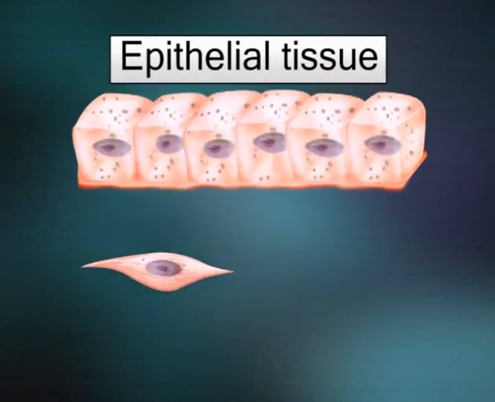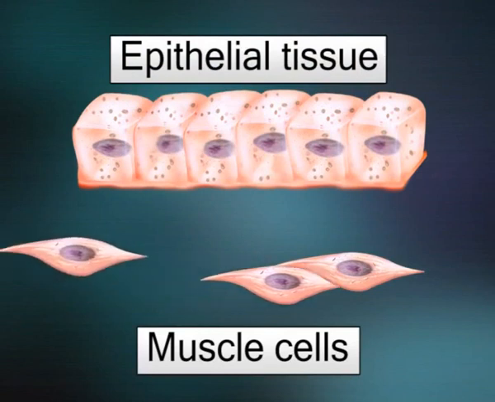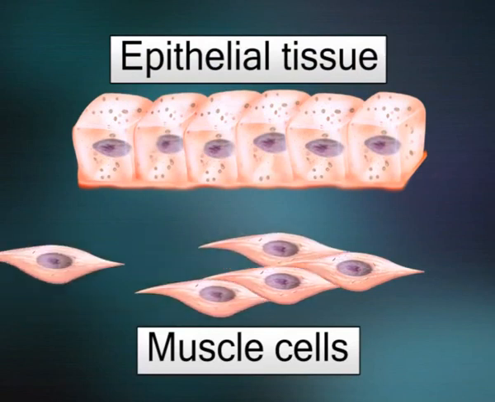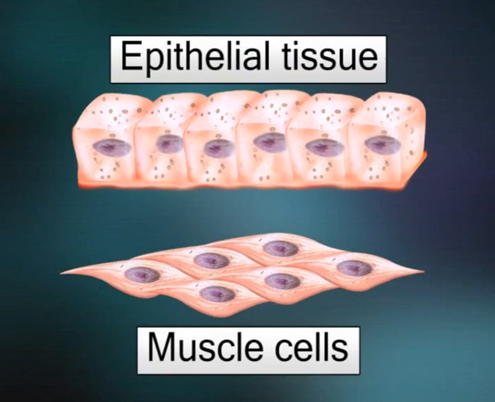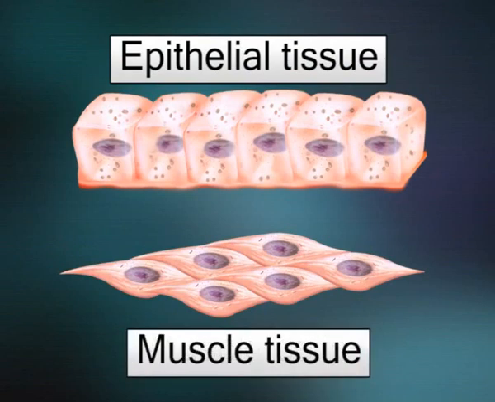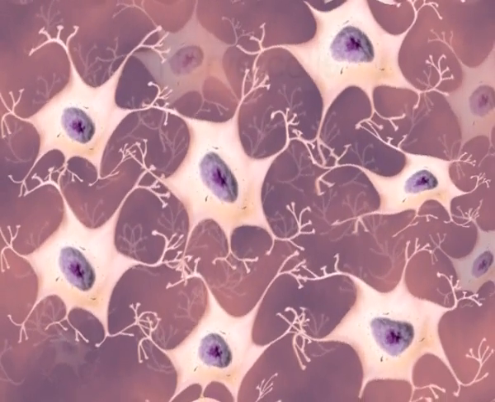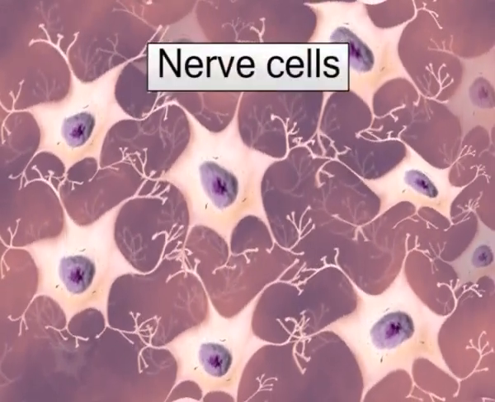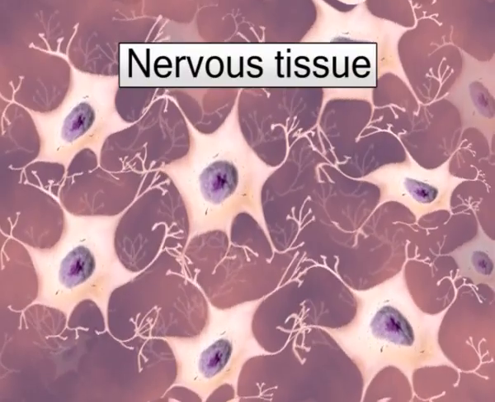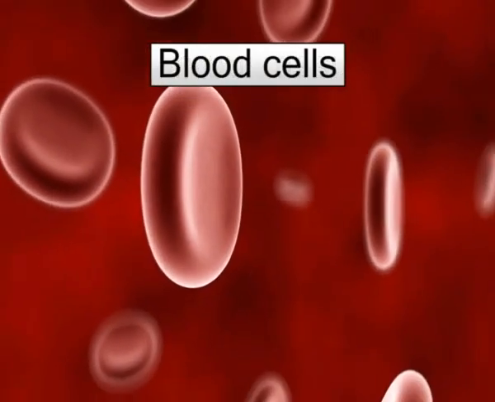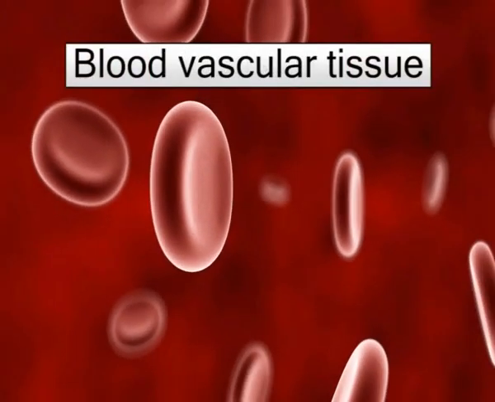Similarly, many types of muscle cells, which are generally contractile, combine to form muscle tissue. Also, it is clear in the visual that many nerve cells form a nervous tissue, and similarly, blood cells form blood vascular tissue.